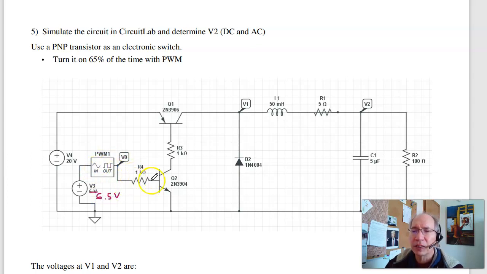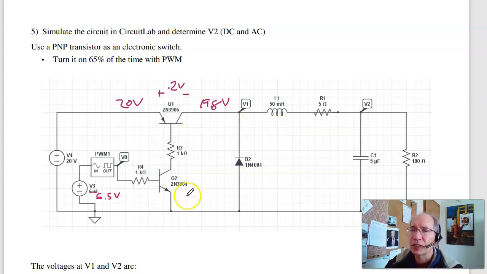That feeds the base, that turns on the NPN 65% of the time. When this is on, that turns on the PNP. And when this is on, this is 20 volts. This is 19.8 volts. Again, you have a 0.2 volt drop across the transistor when saturated. When this turns off, the PNP turns off and the diode drives it.